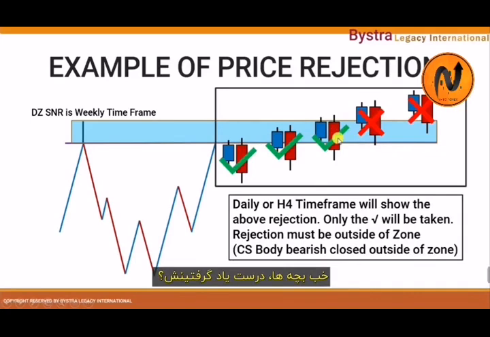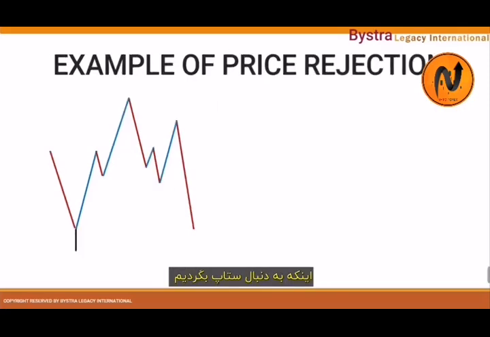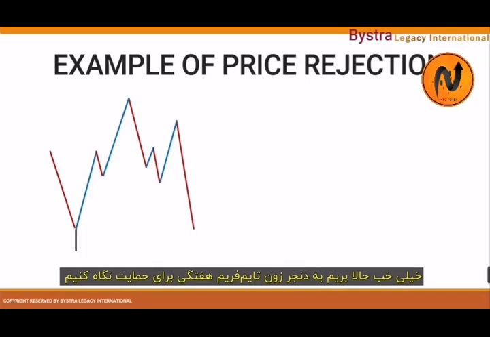Okay guys, so have you got it right? I hope so, because this is very important for us to identify the correct rejection of confirmation before we even look for a setup. Alright, so now let's look at the weekly time frame danger zone for support.